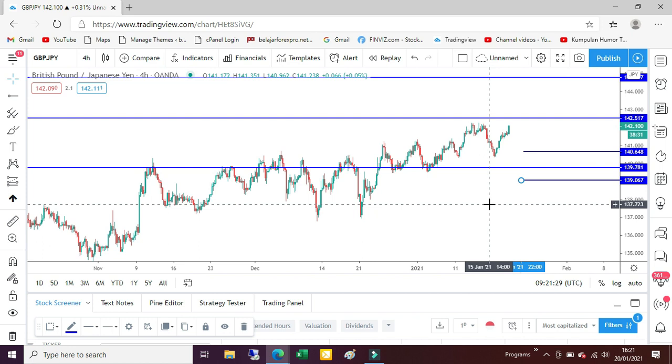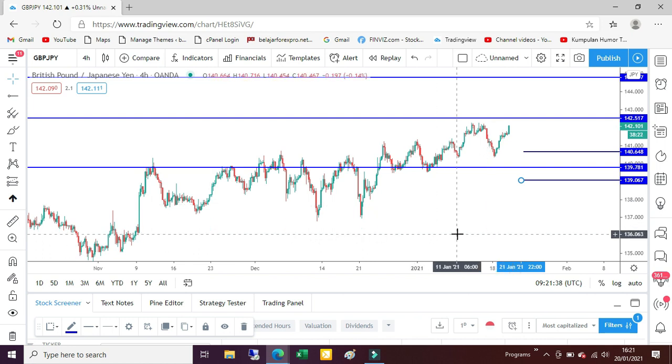Why we need to set the stop loss? Because the stop loss can limit our risk. Okay, the stop loss price 139.67 or 60 is alright.